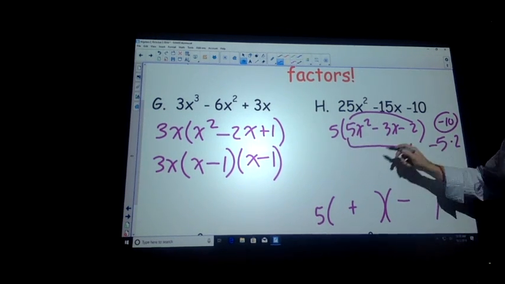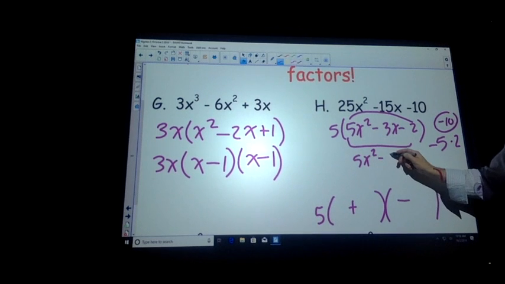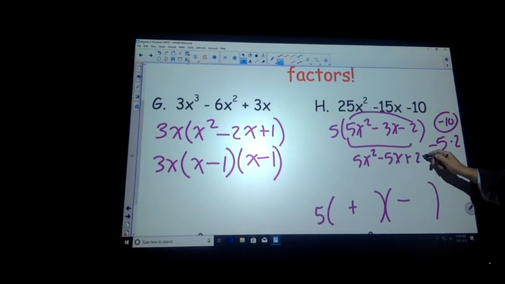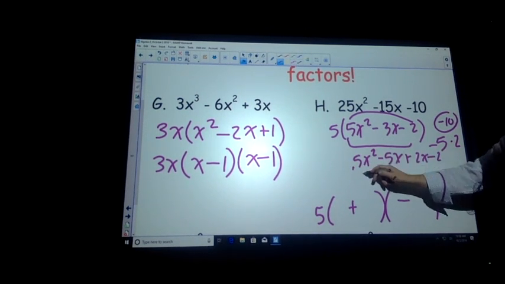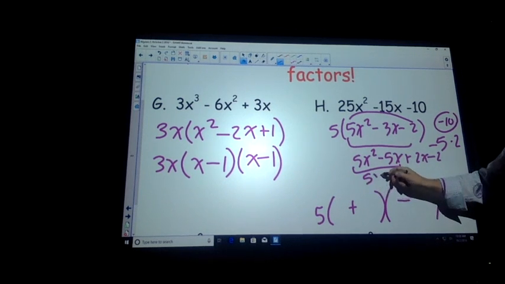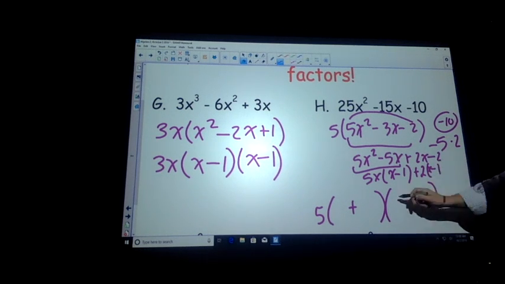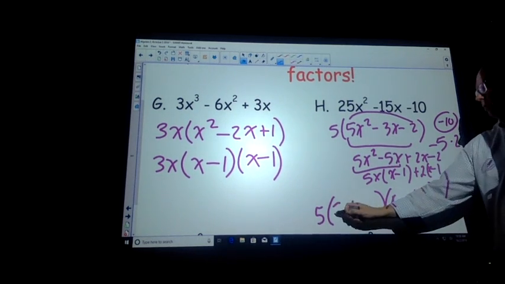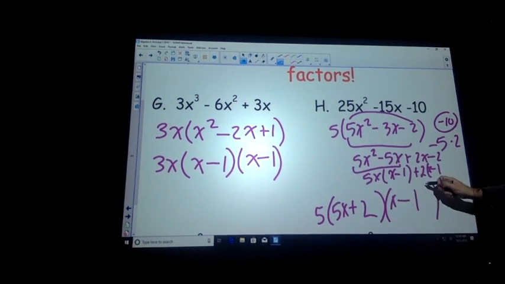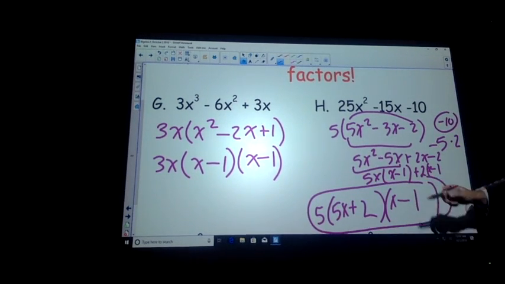So 5x squared minus 5x plus 2x minus 2. I can factor out a 5x here, and that leaves me x minus 1. Factor out a 2 here, x minus 1. So x minus 1 goes there, 5x plus 2 goes there. Don't forget your greatest common factor of 5, the little brother that forgot to come along for the ride.